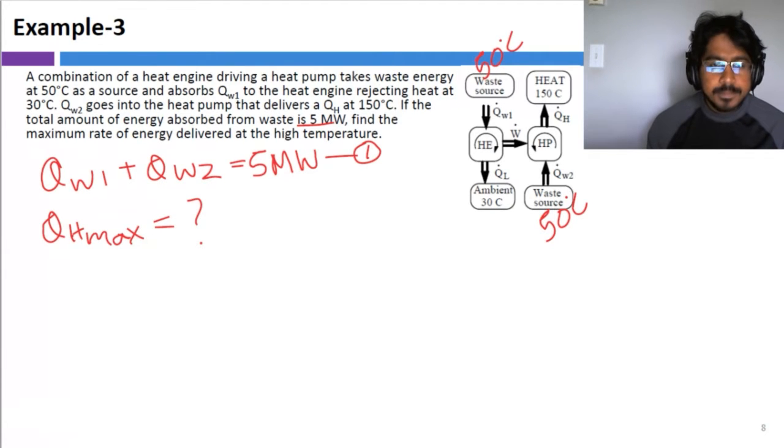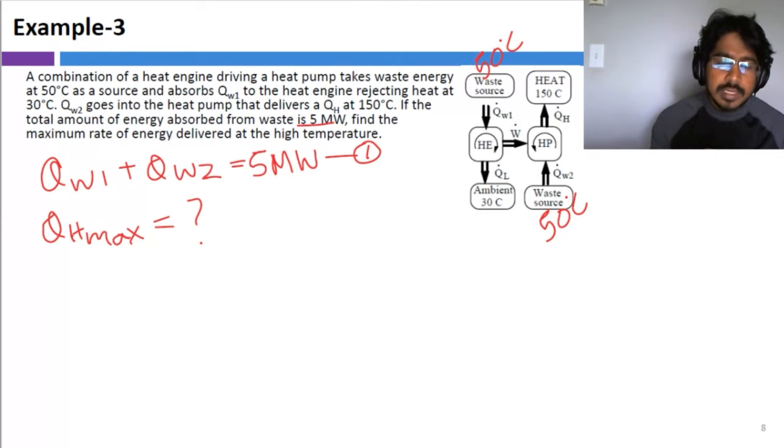And again, we know that only a Carnot heat engine can produce the maximum work under a given set of conditions. Compared to any other heat engine, a Carnot heat engine would produce the maximum work. So it's important that we produce the maximum work, and for that work, we add the highest amount of heat into the high temperature.